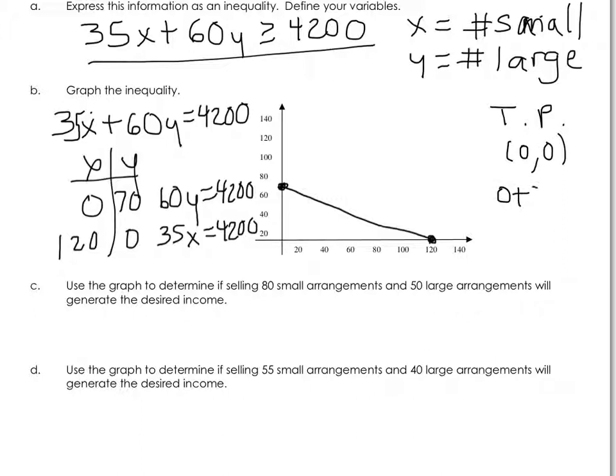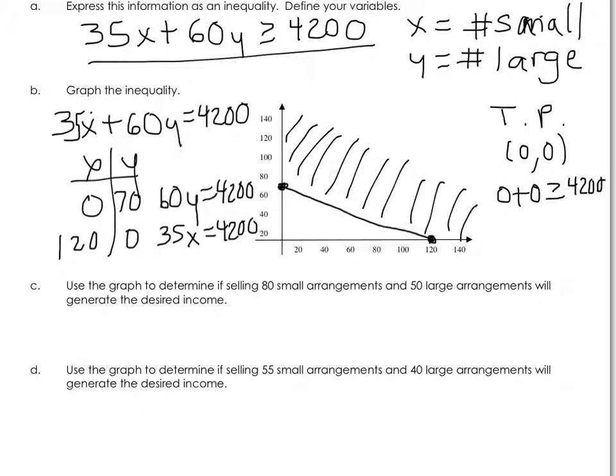You get 0 plus 0. Is that greater than or equal to 4,200? No. If you sell 0, you haven't made any money at all. So you need to be above this boundary line. Our solution is on the boundary line. You'll make exactly 4,200. Above the boundary line, you'll make more.